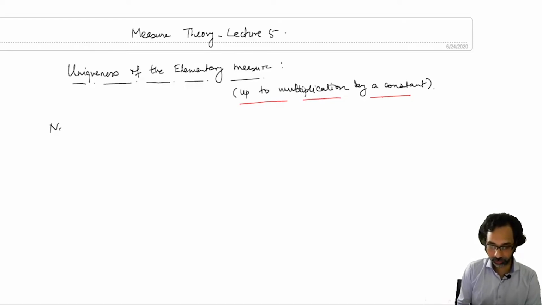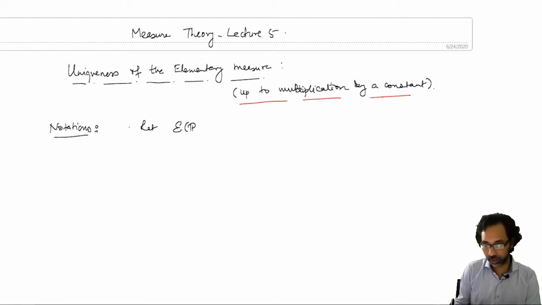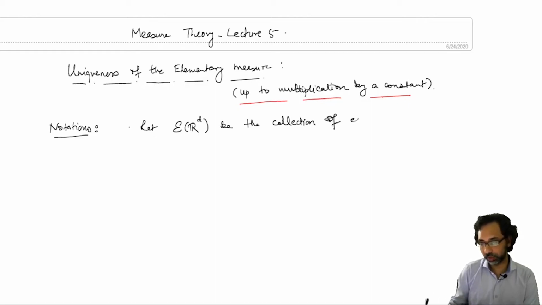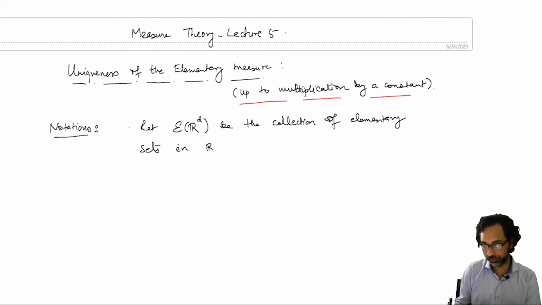But first let me make a couple of notations that I will use later. So first, let calligraphic E of Rd be the collection of elementary sets in Rd for d greater than or equal to 1.